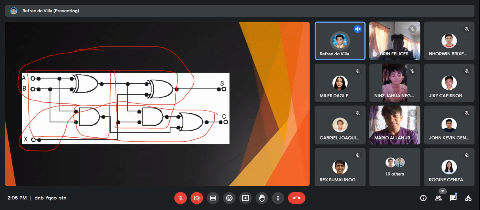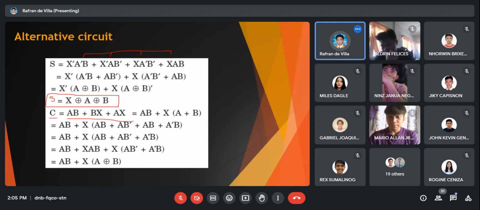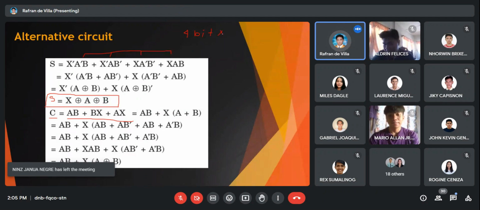So essentially, it's composed of two half adders and an OR gate. So that is the design, guys, of the full adder circuit. What's so good about having a full adder circuit is that if, let's say, I ask you to design a 4-bit adder circuit.